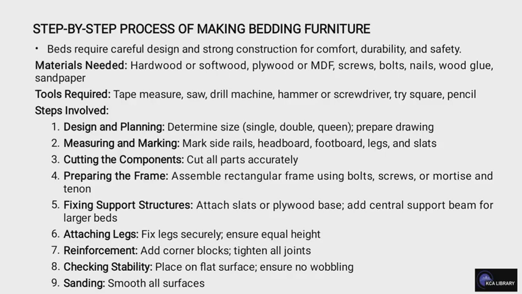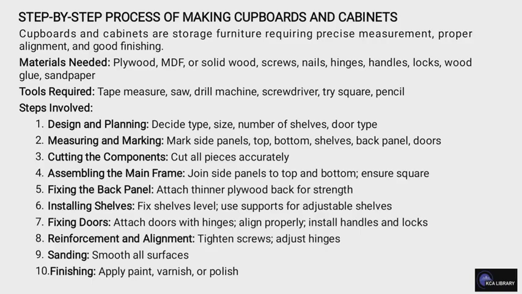Then the next is attaching legs, where you fix legs securely to ensure equal height. The next one is reinforcement, where you add corner blocks and tighten all joints. Then you check stability. Then the next is sanding, and the last one is finishing. That's the step-by-step process of making bedding furniture.